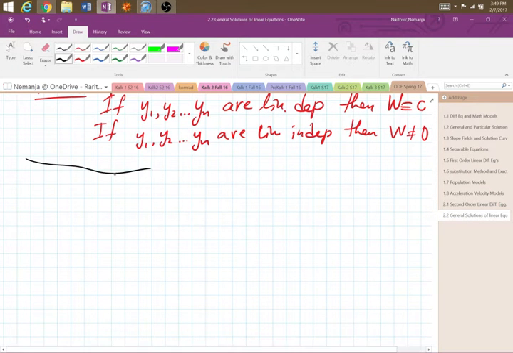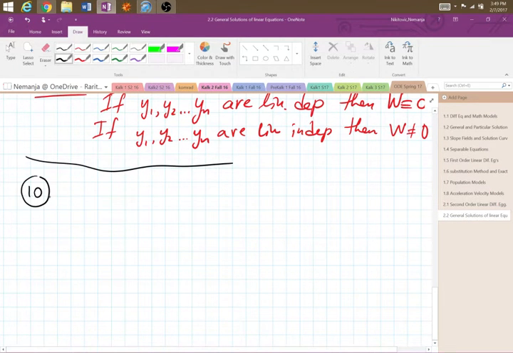Here's problem 10. How hard can it be? So are these linearly dependent or linearly independent? First function f of x is e to the x. Second function g of x is x to the negative 2.